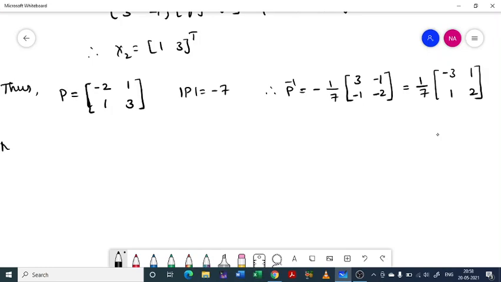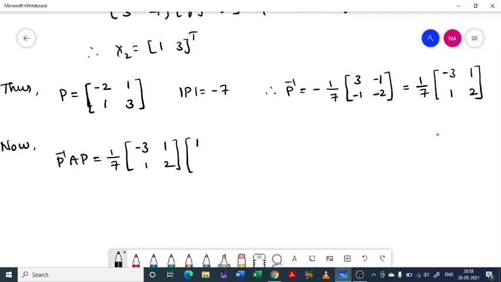Now P inverse AP equal to 1 by 7 minus 3 1 1 2 times A.